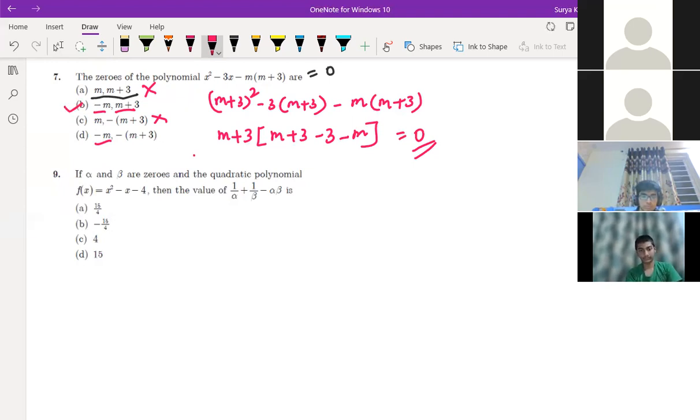Drishi, it's clear now? Yes, sir. Okay, tell me ninth question. Alpha and beta are zeros of the quadratic polynomial f. 15 by 4, A option. Minus 15 by 4, B option.